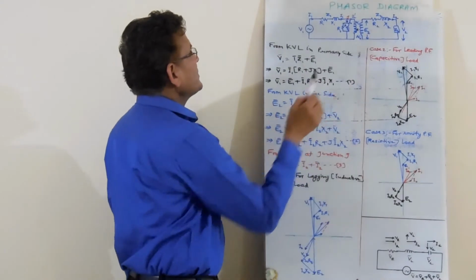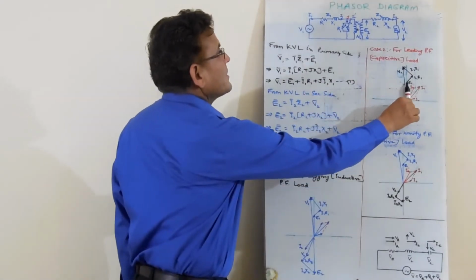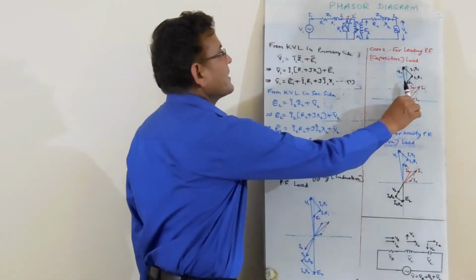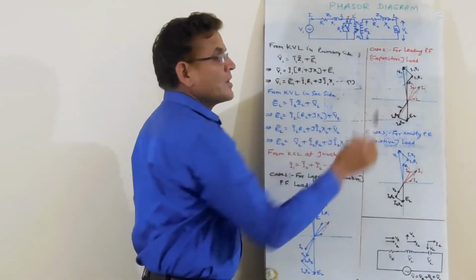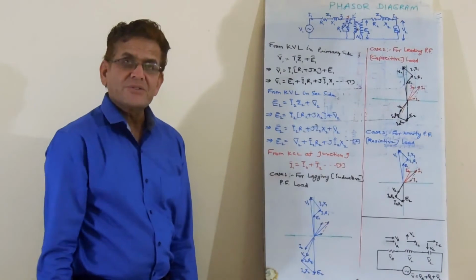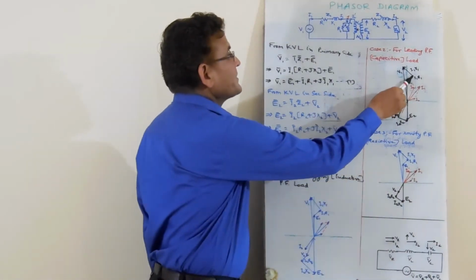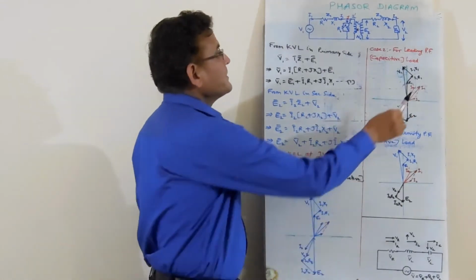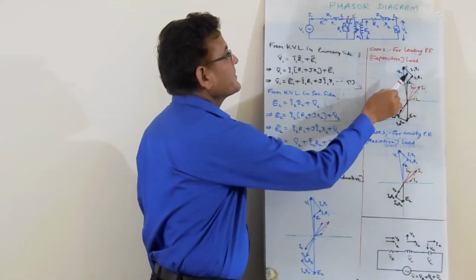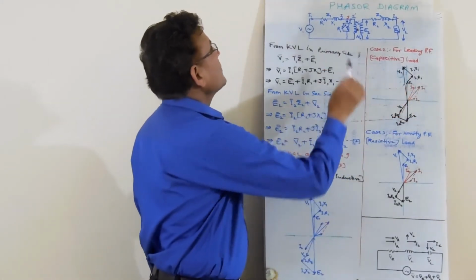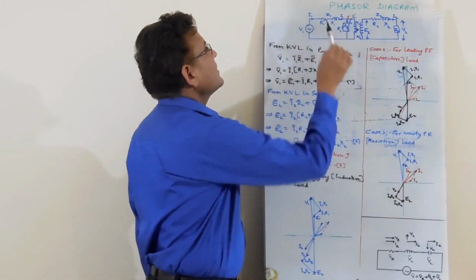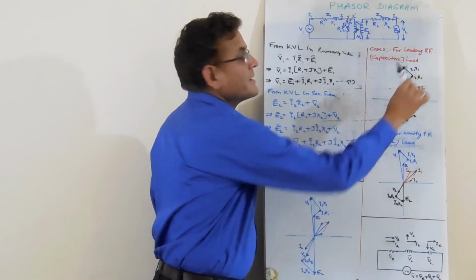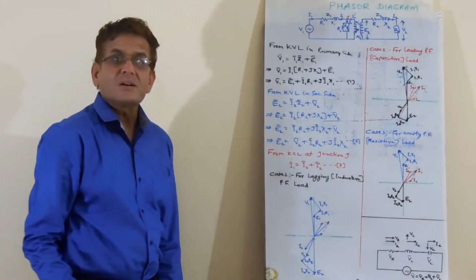Now from equation first, E1 is self induced EMF in primary, E1 plus I1 R1, voltage drop in primary resistance, and this voltage drop in primary resistance will be in the same phase with I1, means parallel to I1, and voltage drop in reactance X1 will be at 90 degree ahead of current.